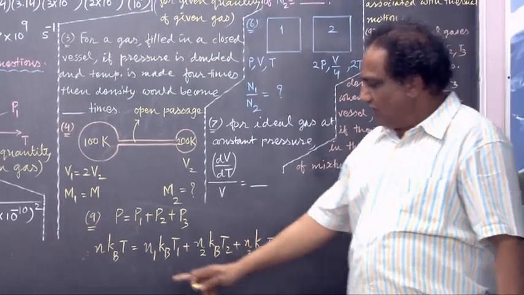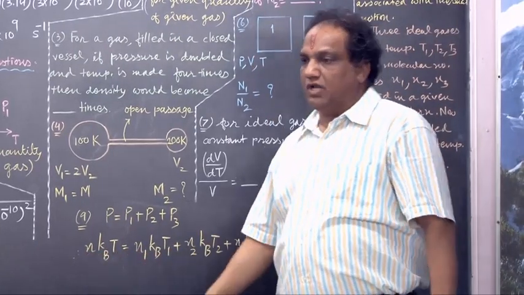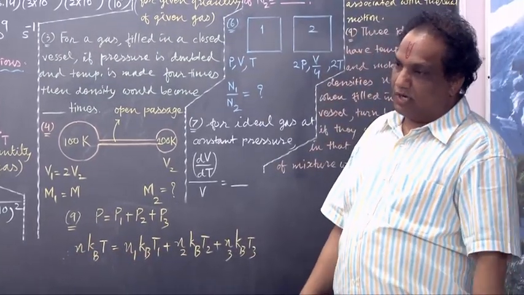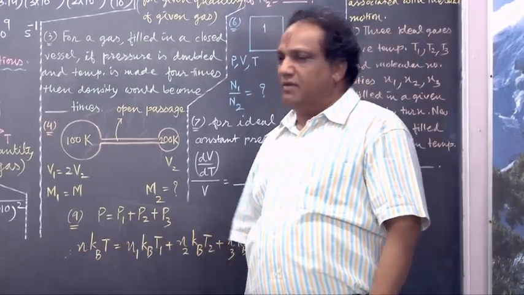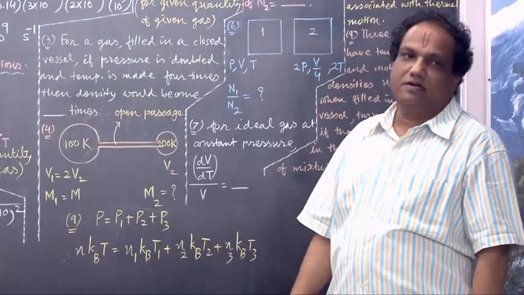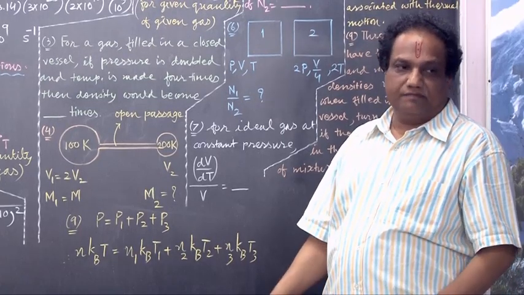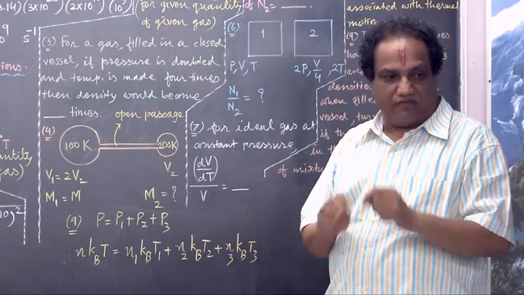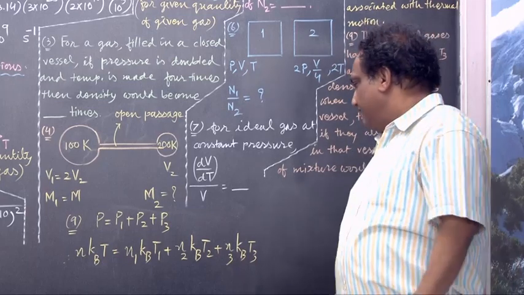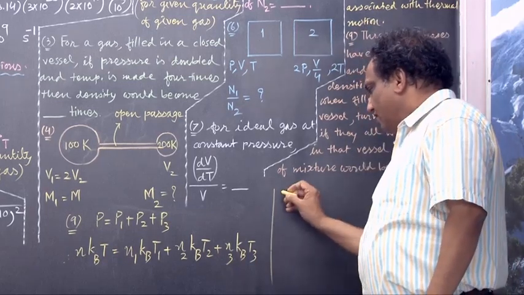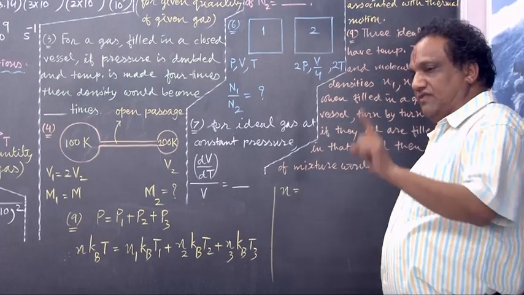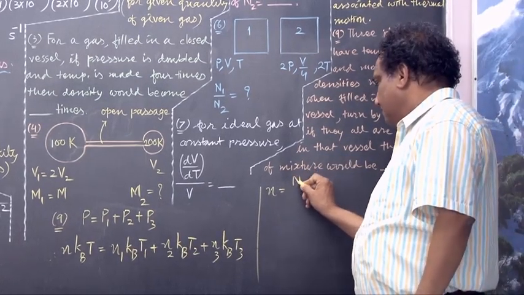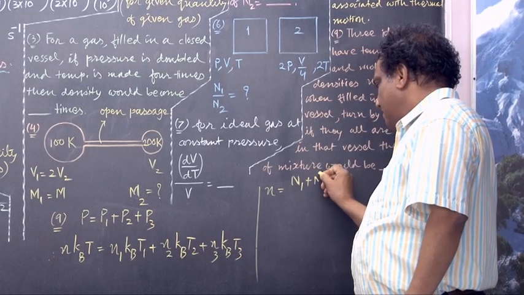Correct? What is N? Total number of molecules. Say molecular number density, but that is for the mixture. For the mixture, what is the total number of molecules? In the first case, let it be N1. For the second case, N2.